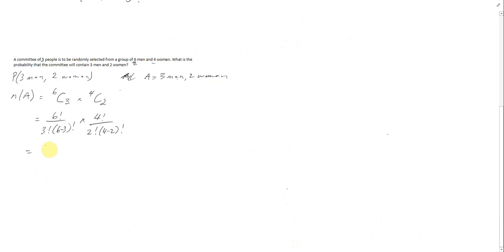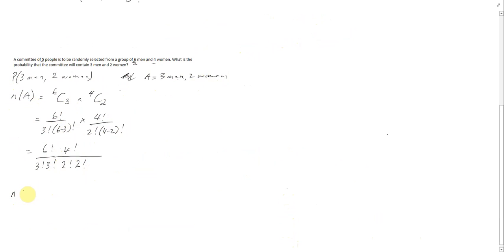That gives us 6 factorial over 3 factorial, 6 minus 3 is another 3 factorial, and now because we're multiplying, that's a 4 factorial, 2 factorial, and another 2 factorial. So there we go. Put that in our calculator, and we'll get the number in our event space A, and I'll do that in a second.